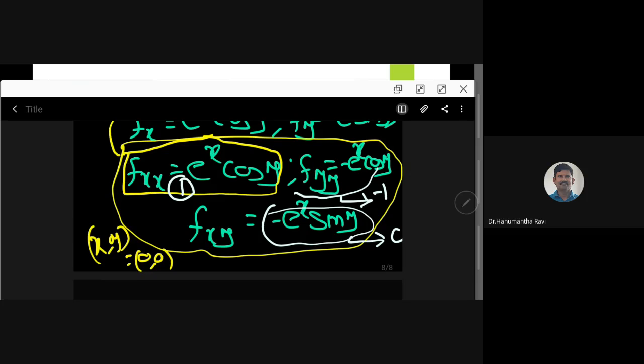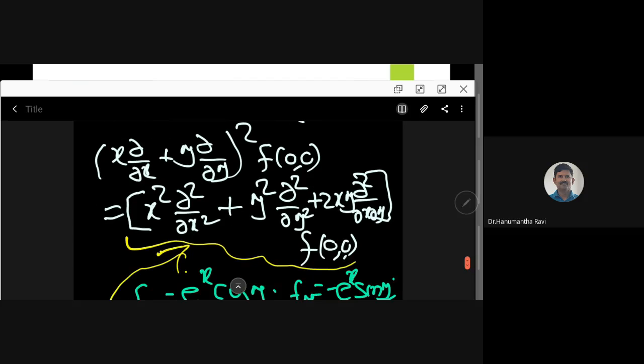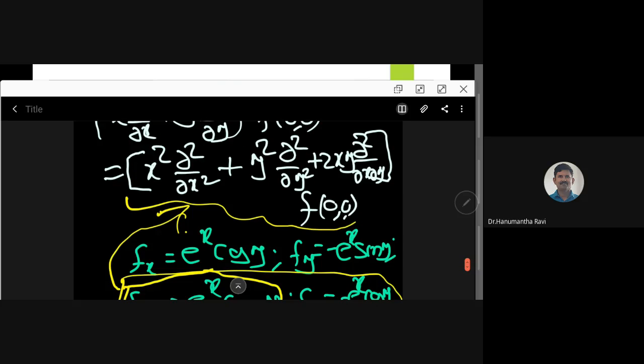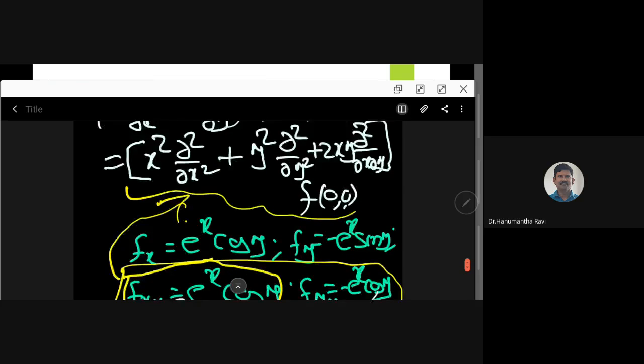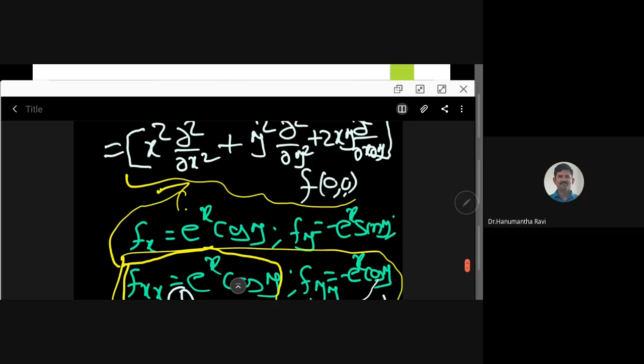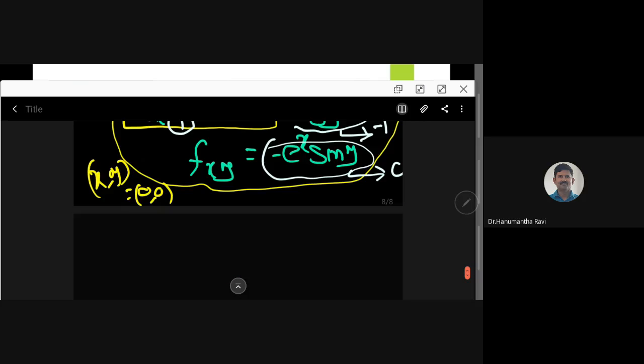Thus, you don't have the ∂²/∂x∂y term. So you have x² into ∂²f/∂x² at (0, 0).